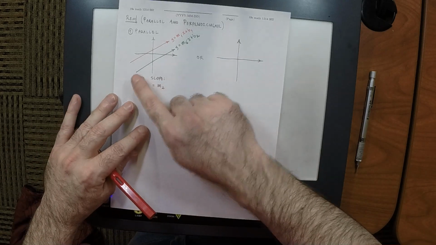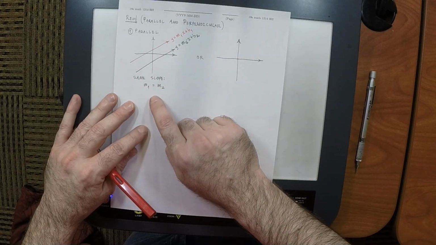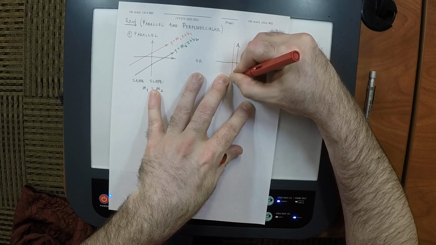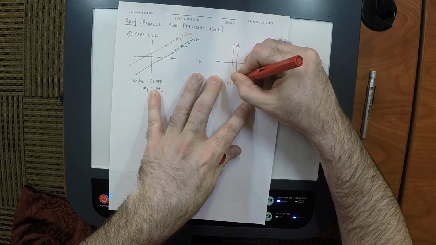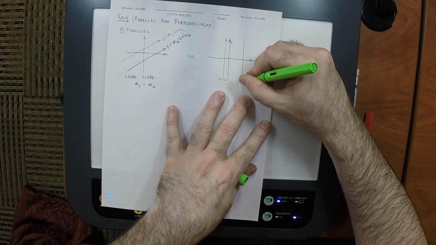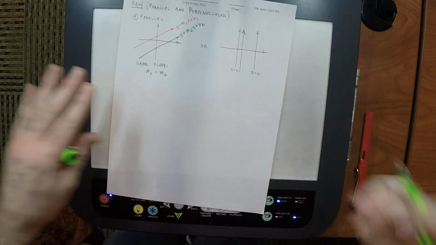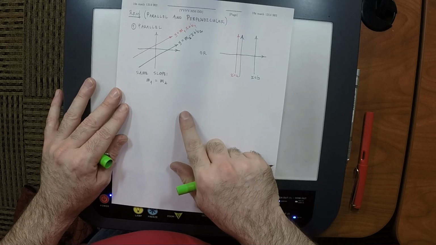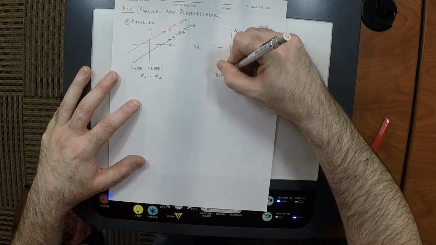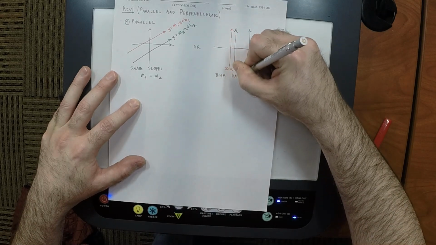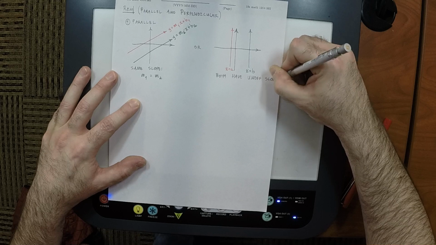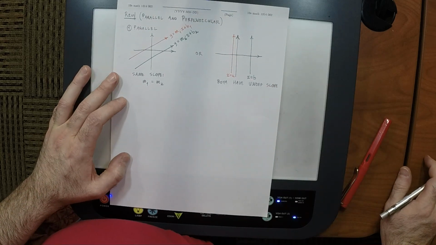So either they have slope and the slope is the same, or they both have undefined slope. All right. Good.